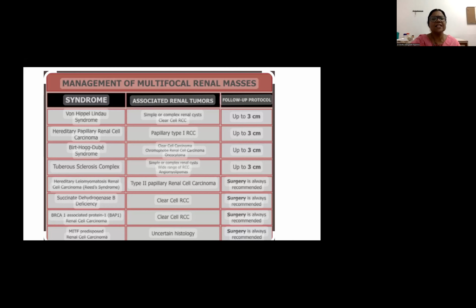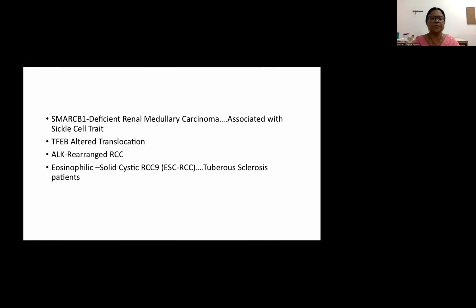And there are other sets of tumors, like renal cell tumors which can arise in tuberous sclerosis patients, and in the background of succinate dehydrogenase deficiency, wherein you also have renal tumors, paraganglioma, and gastrointestinal tumors. So there are many syndromic associations wherein renal tumor is one part of the syndrome.